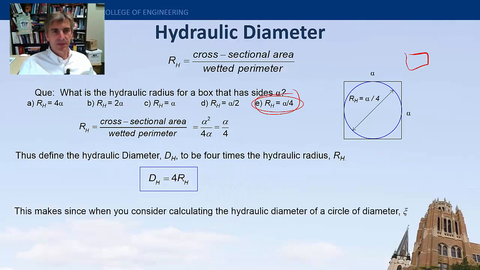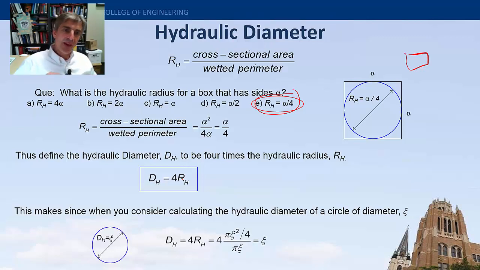Now, why is that? Well, it's because if you did this for a circle, right? So if I got a circle there, and the diameter is this psi variable here, and I calculated psi. The hydraulic diameter is 4 times the hydraulic radius, so the area is pi d squared divided by 4.